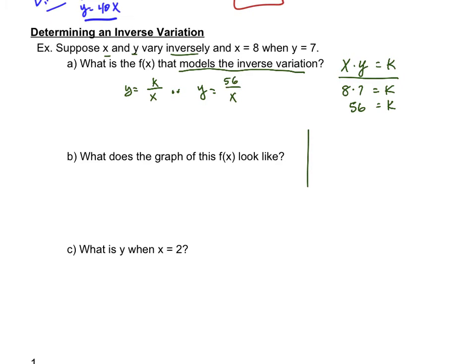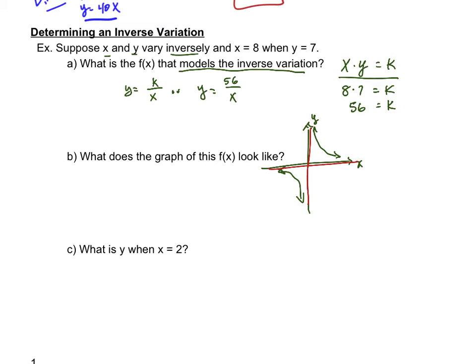Well, without getting too particular, if I plug in some values for x and y, it's going to look like that. It's going to be stretched out some, and I'm going to have asymptotes along the x-axis and y-axis, because y can never be 0 and x can never be 0. So we'll work on doing some graphs here in a minute.